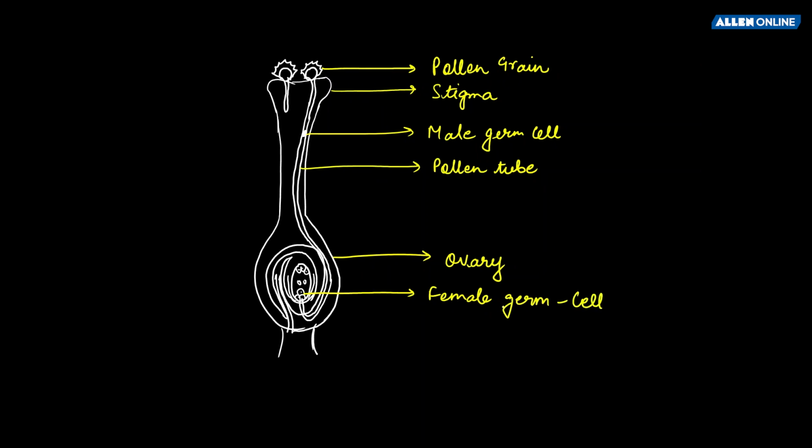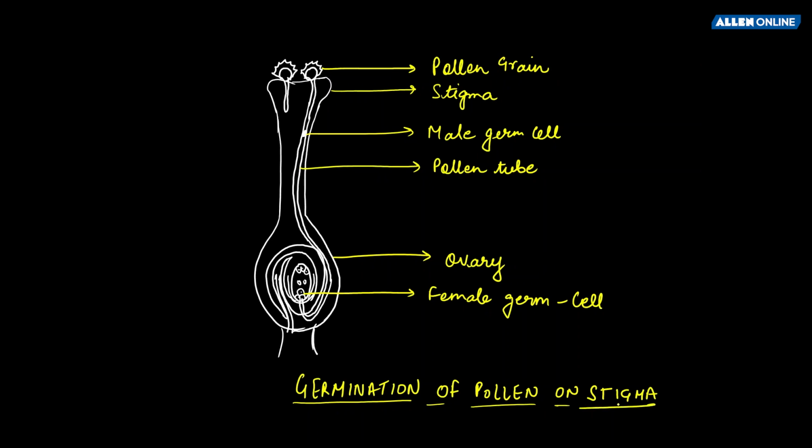So like this, we are going to label these parts, and now we will write the germination of pollen on stigma. Okay.